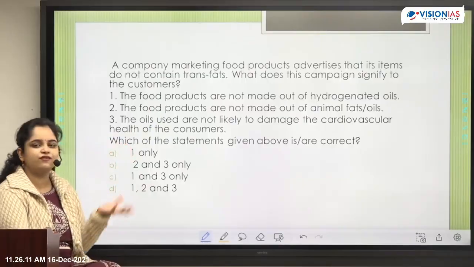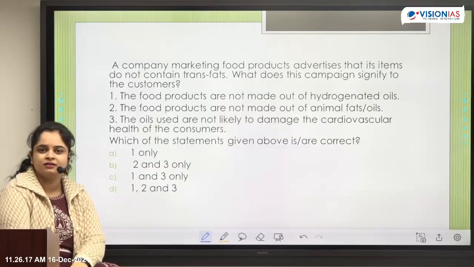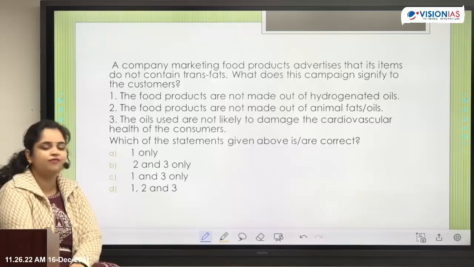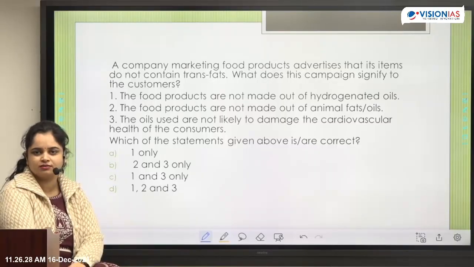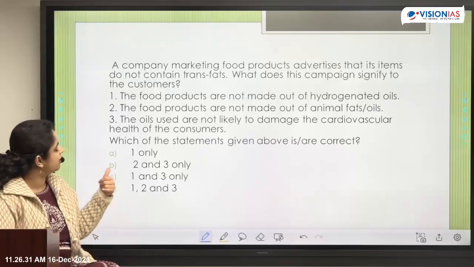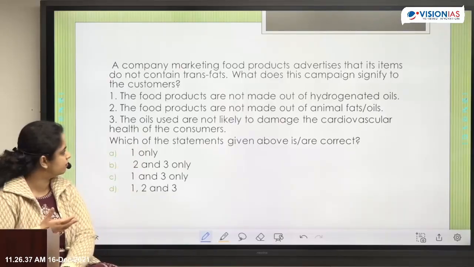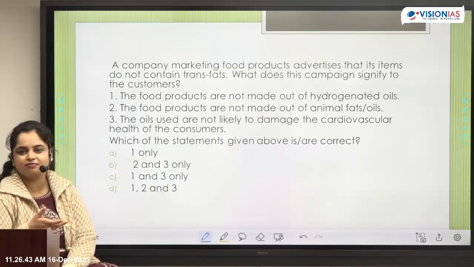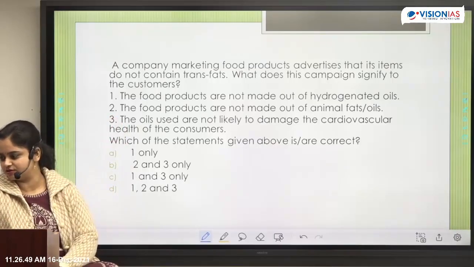Even if you have that information, that doesn't immediately rule out the fact that it can have animal fats also. The second statement is that food products are not made out of animal fat. There is nothing in the question which points us to this. You are mentioning hydrogenated vegetable oil, and this one is mentioning animal fats. So if there are no vegetable oils, that does not mean that it will not have animal fat also. It can have animal fat. That information is not available in the question. So that's why we have to eliminate it.